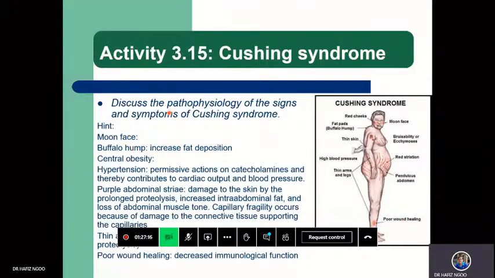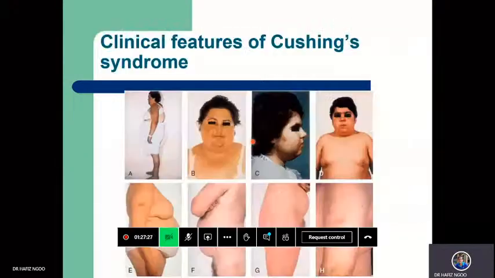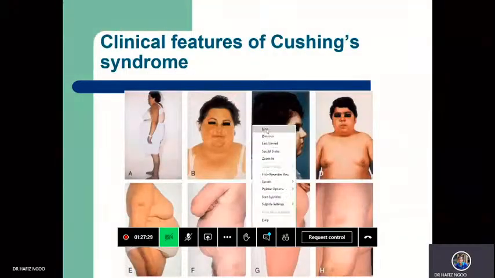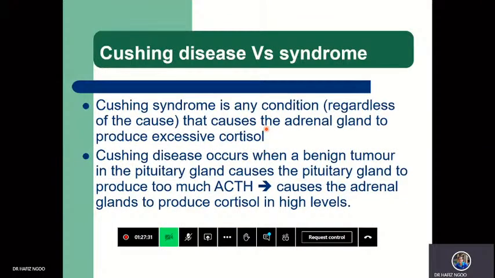Now the difference between Cushing syndrome and Cushing disease. Okay, see if I have the slides. Oh, this is another symptom just to show you. So between Cushing disease and Cushing syndrome, Cushing syndrome is any condition, regardless of the cause, that causes the adrenal glands to produce excessive cortisol.